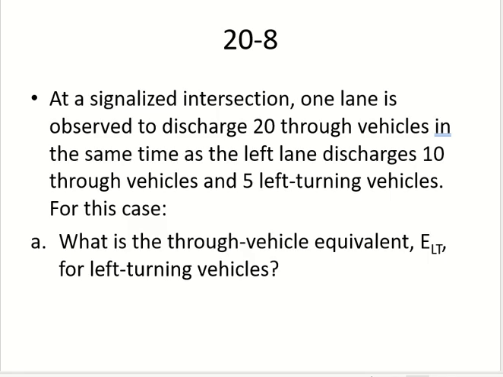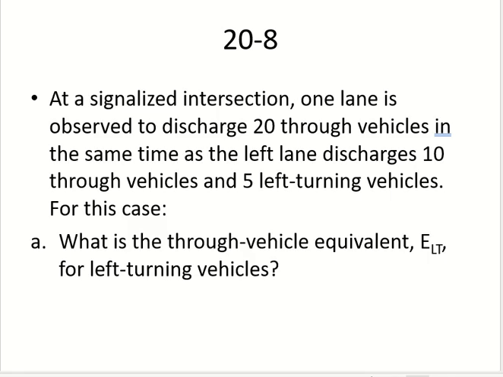We have an intersection which has two lanes. One lane is for through vehicles only. The other lane is through plus left combined. So what did they do? When the signal opened, they had vehicles in both lanes. They started the watch and looked at the watch for X number of seconds.